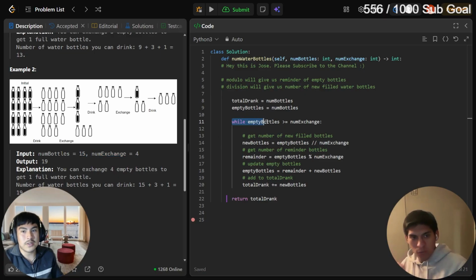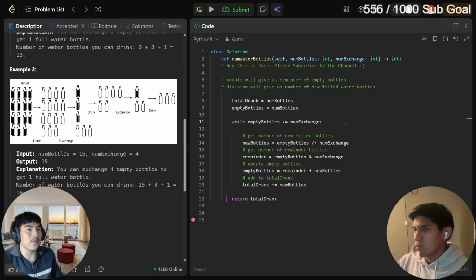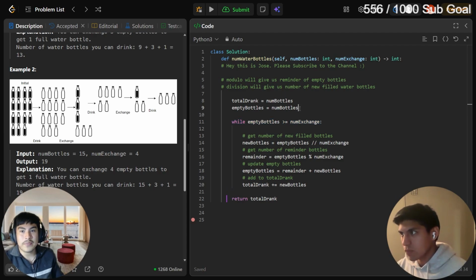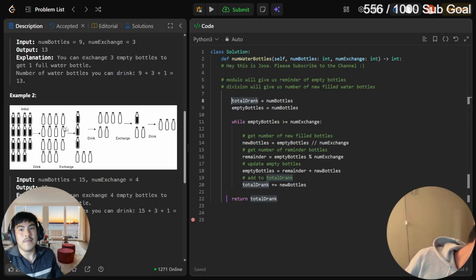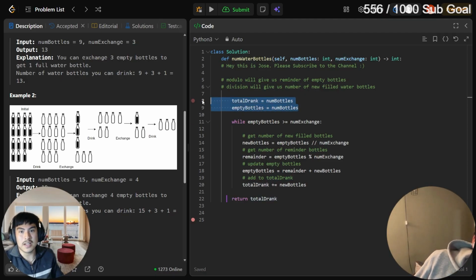So we decided to use a while loop to start that process. And of course, we had initial values that set up the problem as stated: you have an initial 9 bottles, then you're gonna have an initial 9 empty bottles since you drank all those. So that explains lines 8 and 9.